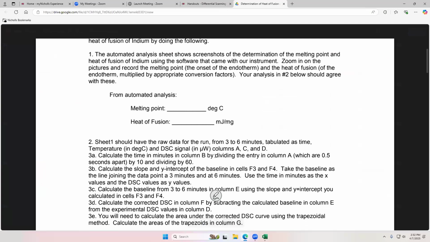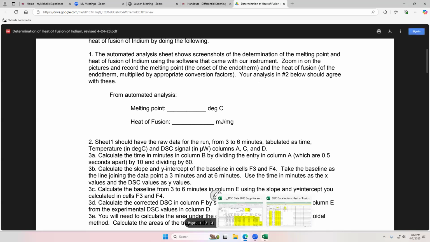So in this Excel file, you're going to see how the computer automatically analyzes the data. There are screenshots that show the determination of the melting point and the heat of fusion of indium using the software that came with our instrument. So let's zoom in on the pictures and record the melting point, the onset of the endotherm, and the heat of fusion of the endotherm multiplied by appropriate conversion factors. So your analysis in number 2 should agree with these.